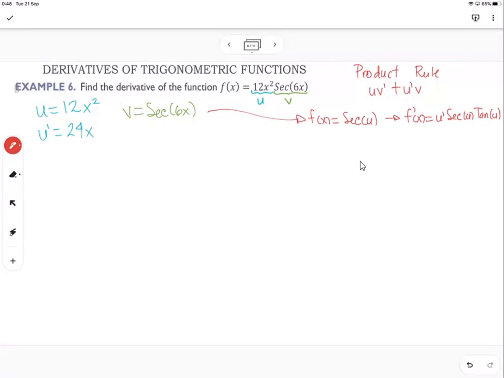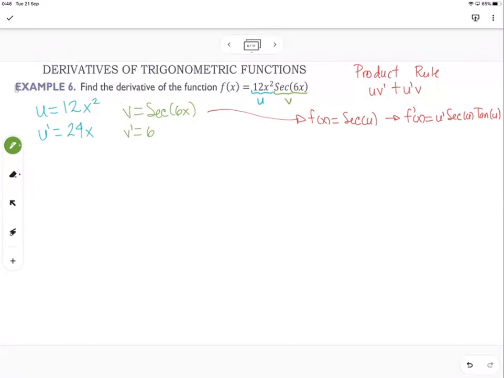Follow the rule, okay? Remember that u prime is the derivative of the angle. So the derivative of the angle is 6 secant times tangent, okay?